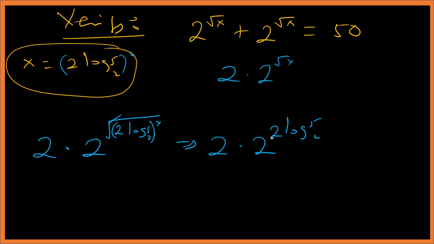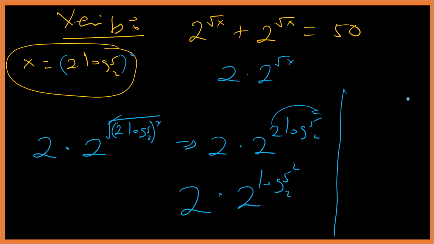Now remember there's a power rule, so the same as 2 times 2 raised to log 5 squared to base 2. Now there's a property in logarithm that we need to take note of.